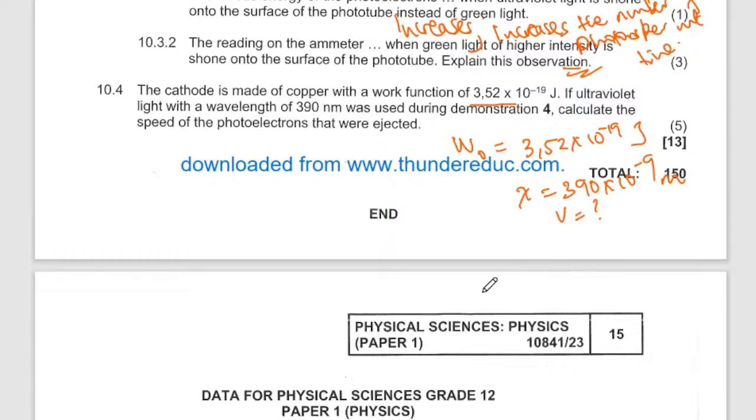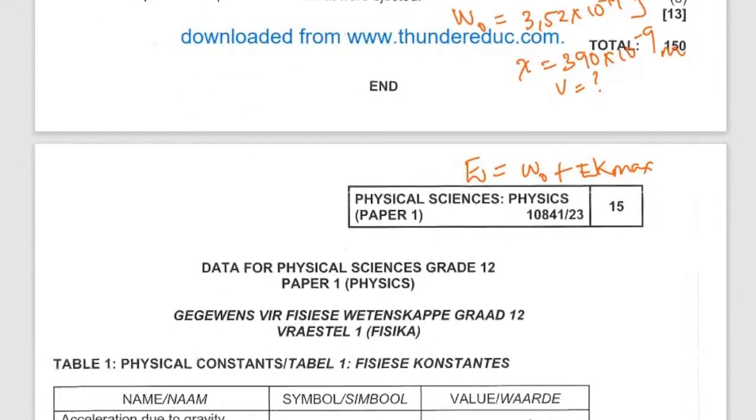Now we know that the energy E must be equal to W naught plus the EK max. So E can be given as h times lambda over c, equal to W naught, plus EK max, and then we can do the substitution.